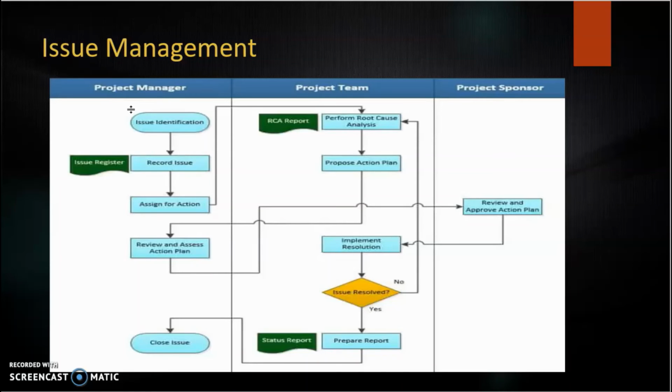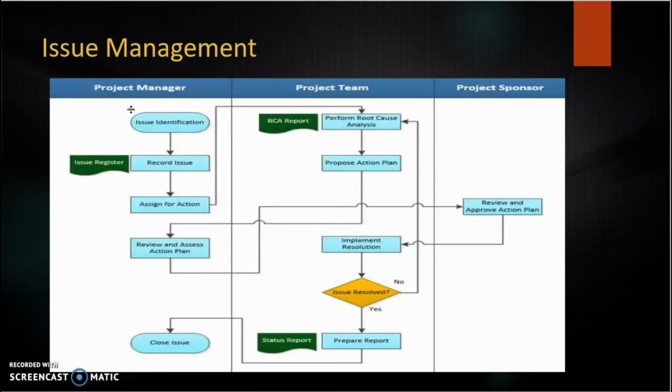So what is issue management and what is its process? Its process aims at managing issues that can be a threat to the achievement of the objective of the project. This process helps in dealing with the issues quickly and efficiently in order to keep the project on track. It runs throughout the project life cycle, from the initiation to the closure stage.